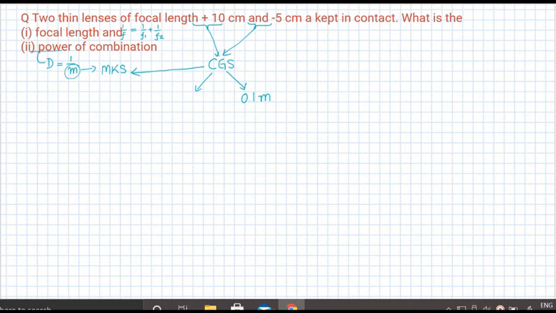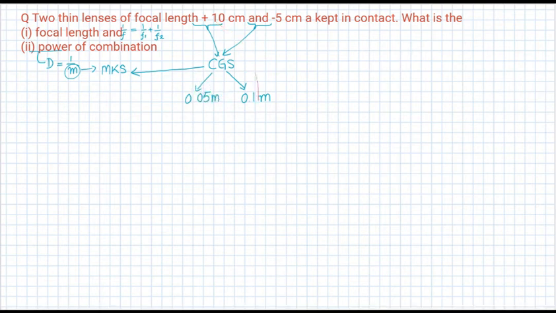It will be 0.05 meter. Fine. So if you convert your 10 to meter, it will be 0.1 meter. And if you convert your minus 5 to meter, it will be 0.05 meter.